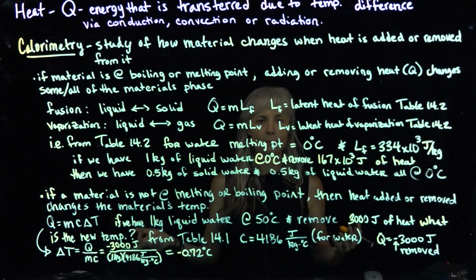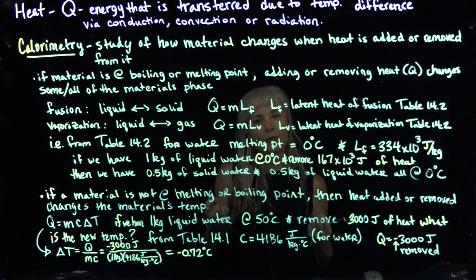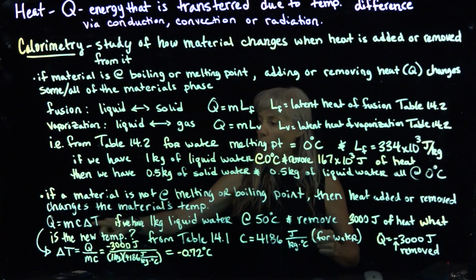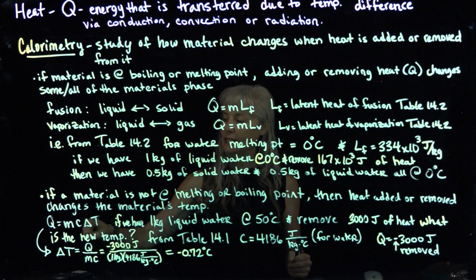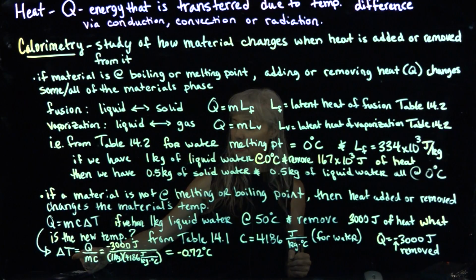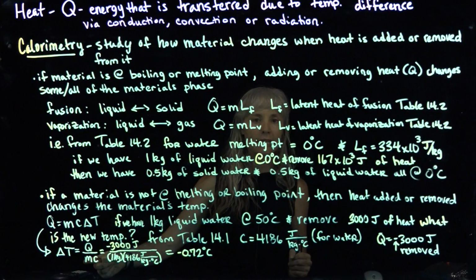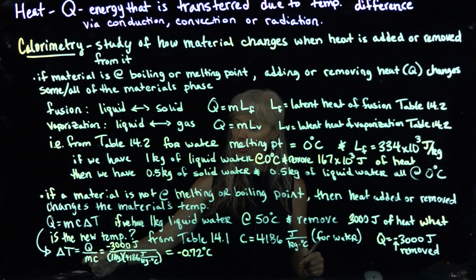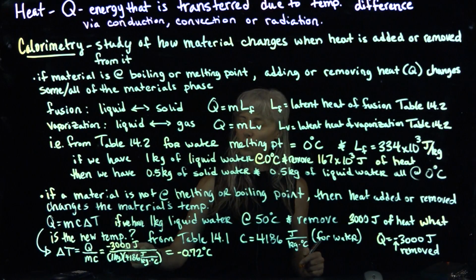So what's the new temperature when we pull out that 3,000 joules of heat energy from the 1 kilogram of liquid water at 50 degrees Celsius? I take Q equals mc delta T and I solve for delta T. When I isolate delta T, I get Q over mc. Plugging in the values, this is minus 3,000 joules of heat energy that we have removed from the material.